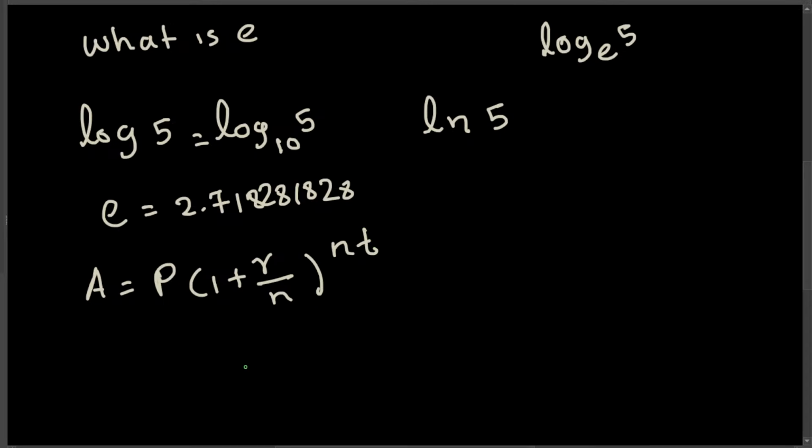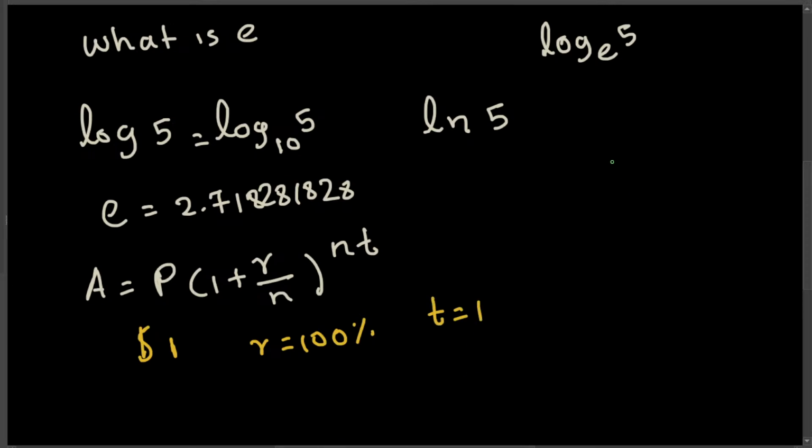So from this one we can calculate interest. For example, let's say our principal amount is $1, and the interest rate is 100%. R is equal to 100%, and let's say we want to calculate for 1 year.